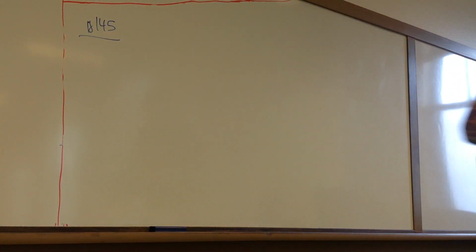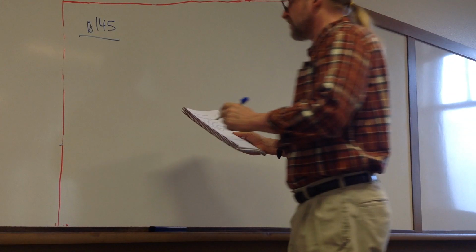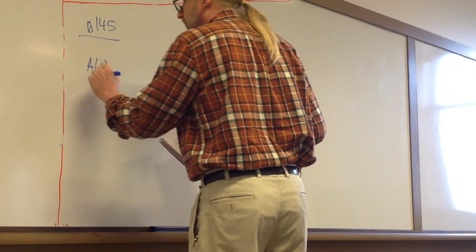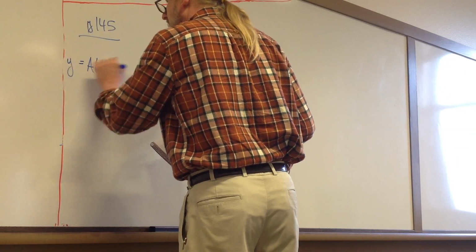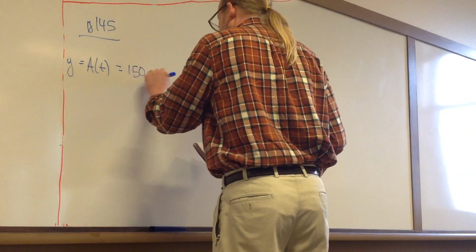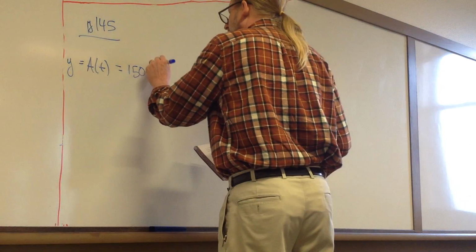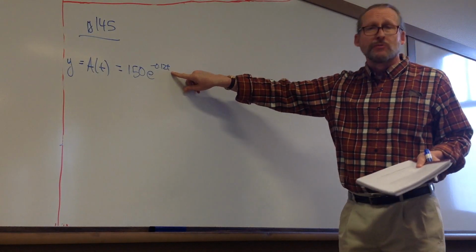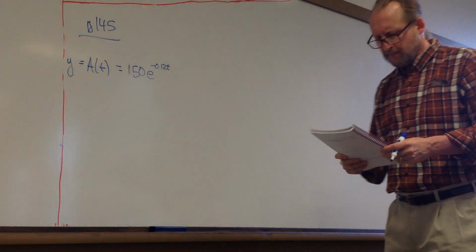This one is about medicine in the bloodstream. We've got a function here, and this is just in place of the y. Okay. And 150 e to the minus 0.12 t. Now when we type this in the calculator, we're going to use x in place of t.